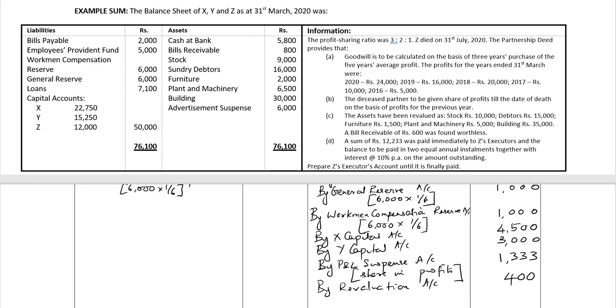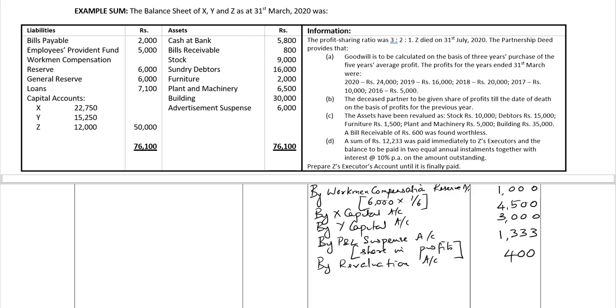The last point D is about settlement of the loan account. So we are done with the capital account. We'll balance this and transfer the balancing figure to Z's executor's account.